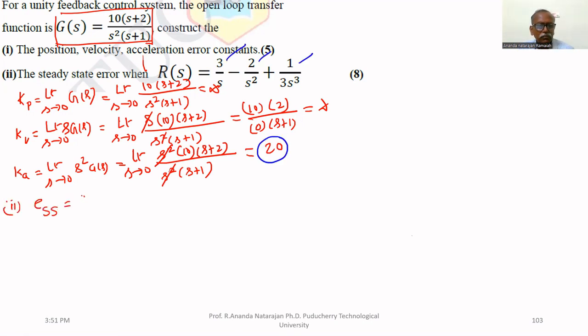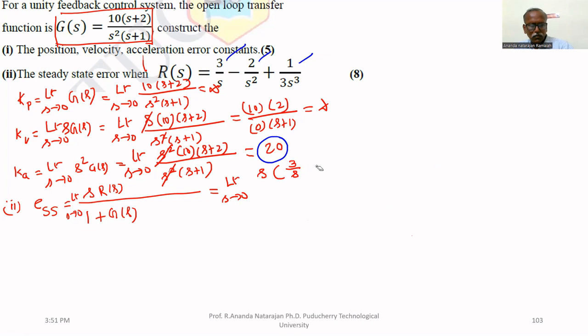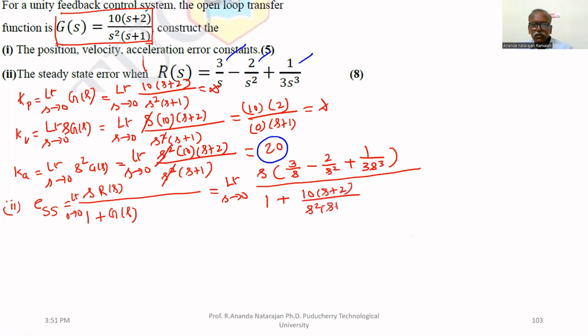The steady state error e_ss equal to limit S tends to 0, S R of S upon 1 plus G of S. That is equal to limit S tends to 0, S R of S, that is 3 by S minus 2 by S square plus 1 by 3S cube, upon 1 plus 10 multiplied by S plus 2 upon S square into S plus 1.